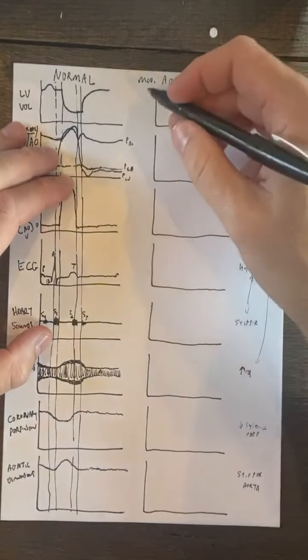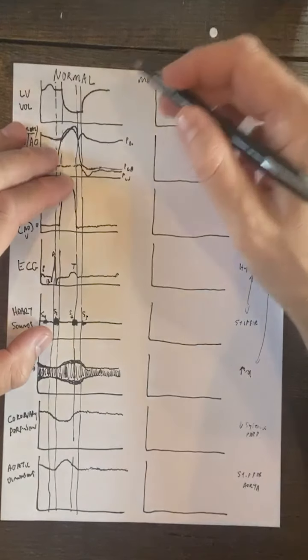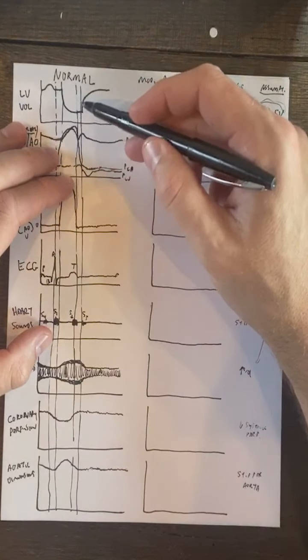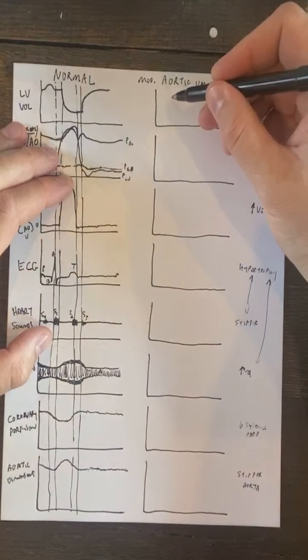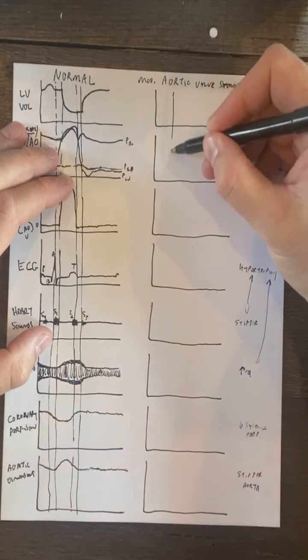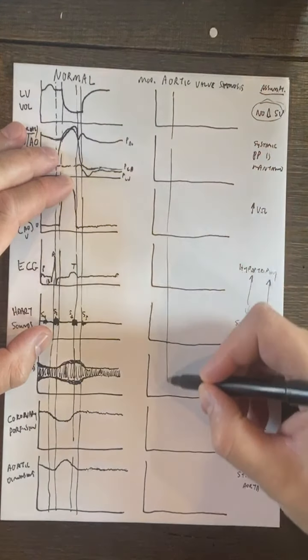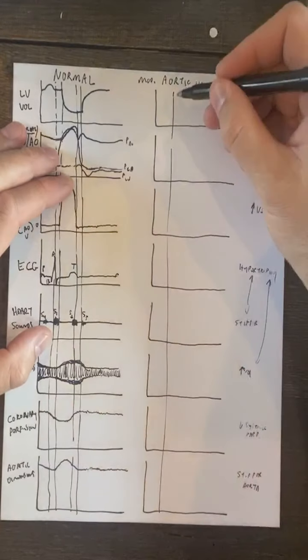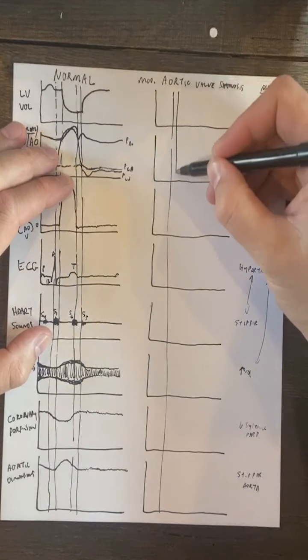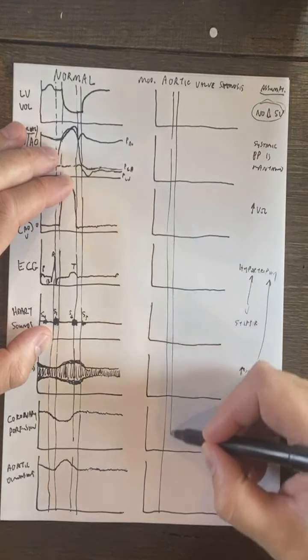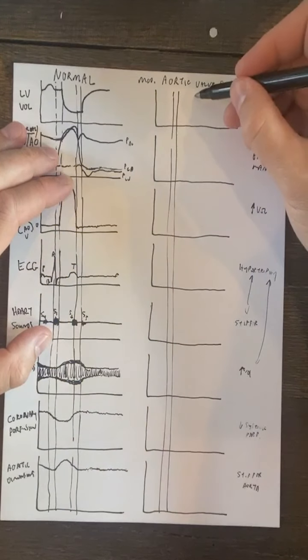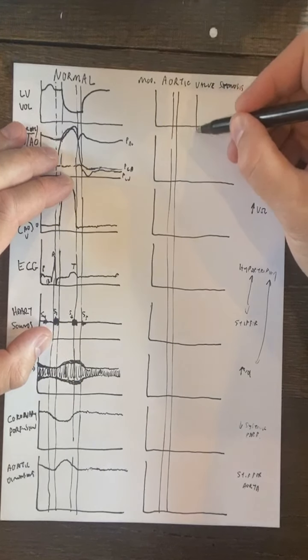So now when we're looking at left ventricular volumes, I think the easiest thing to do is probably just draw in your lines as you would anticipate them being anyway, because heart rate and the timing of events is not necessarily going to be substantively changed.